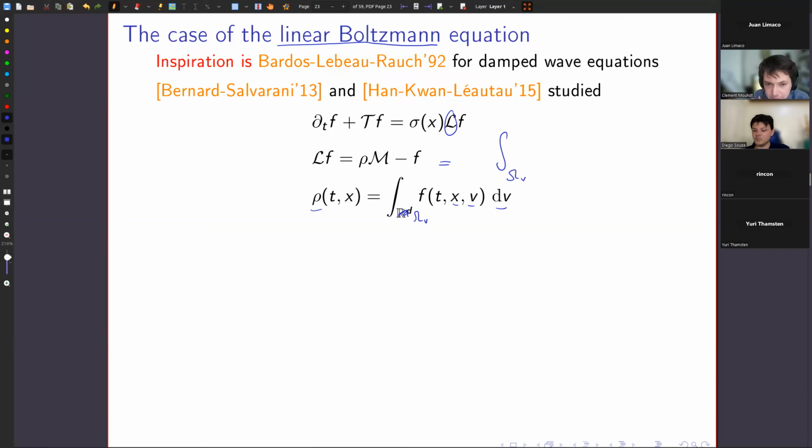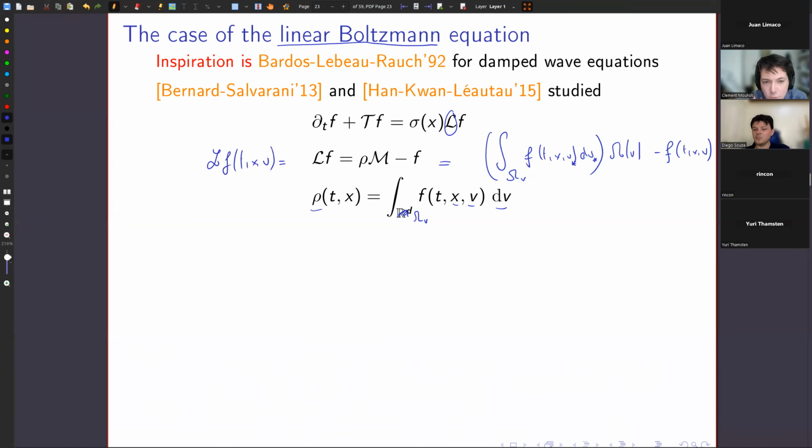And here I'm integrating f of t, x, v. I'm multiplying all that by my Maxwellian, meaning the equilibrium distribution in v, minus f, and I'm going to call that v star. This is L of f at t, x, v.